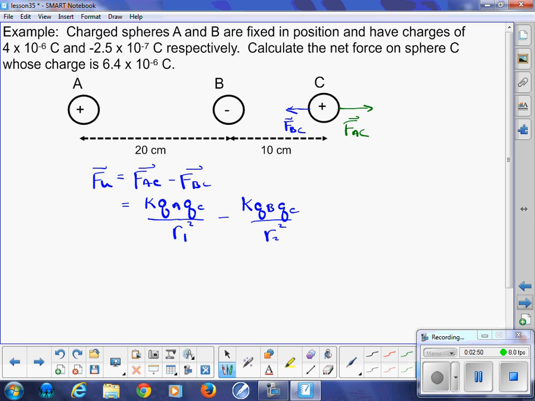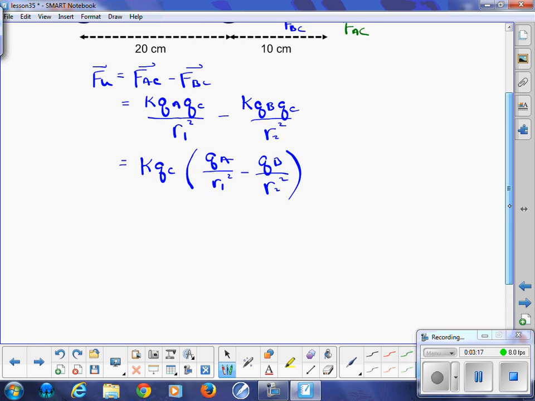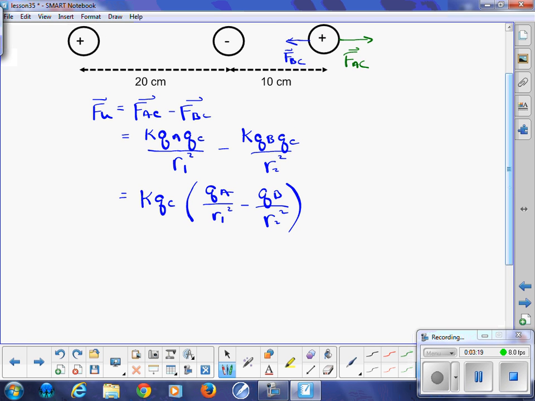If you want, you can factor the k's out. It's not a really big saving, or not a ton more efficient anyway. Or you can factor out the QC's as well. So you can go k QC since it's common to both, and then you just have QA over r1 squared minus QB over r2 squared. Does it save you a lot of time? Not really. It makes the calculations a little bit easier, but it's not going to be the end of the world if you don't do it this way anyway.